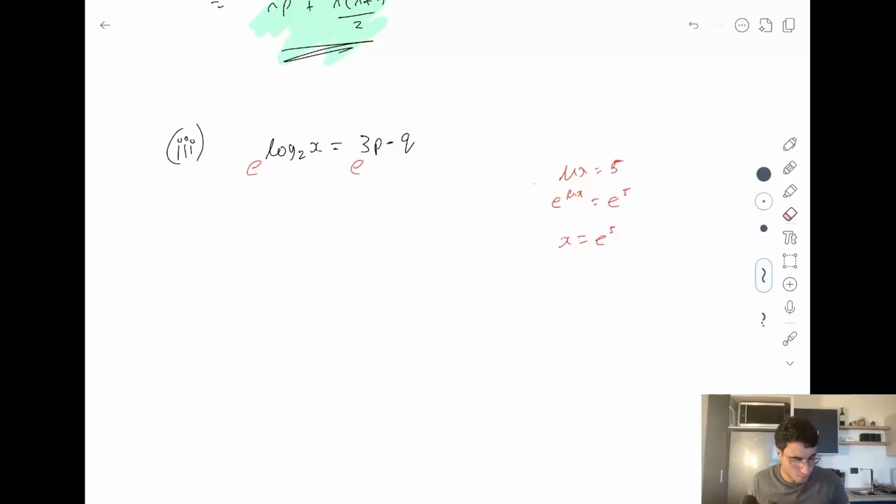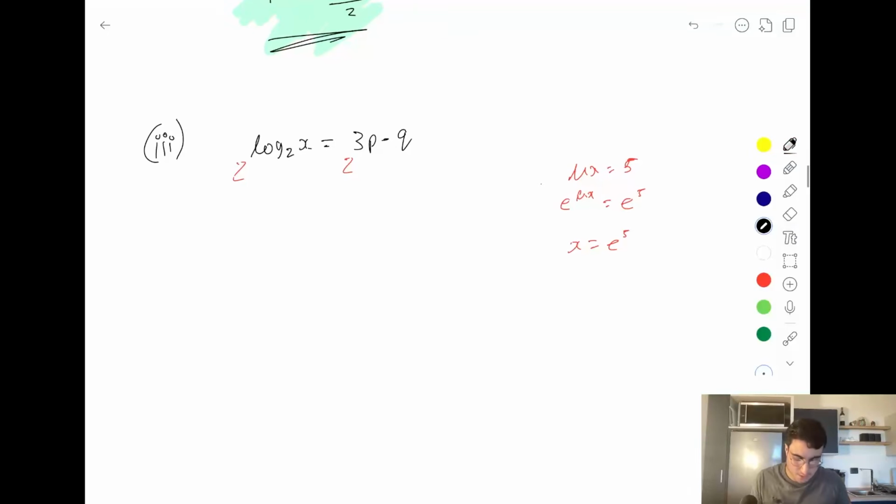But what we can do is raise it to 2. Okay. When we raise it to the power of 2, we get x is going to equal 2 to 3p minus q. Okay.